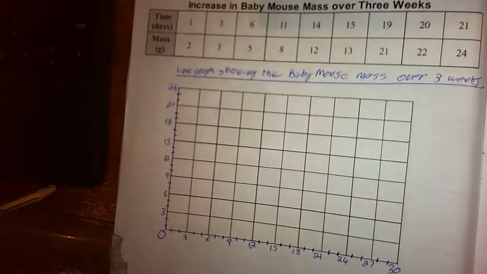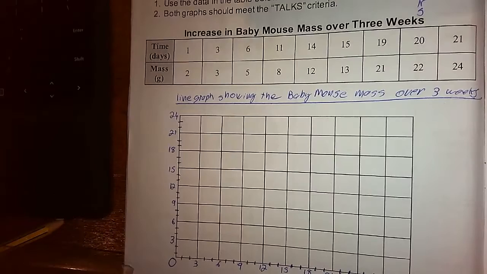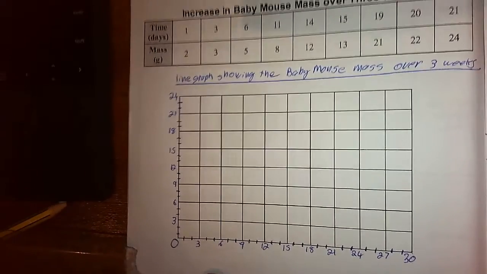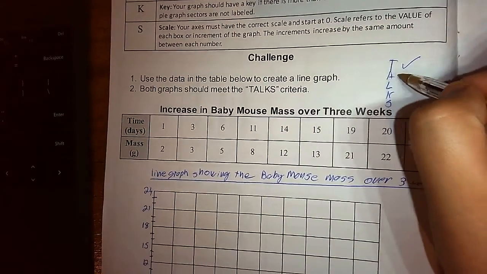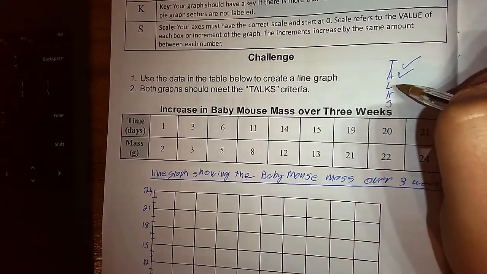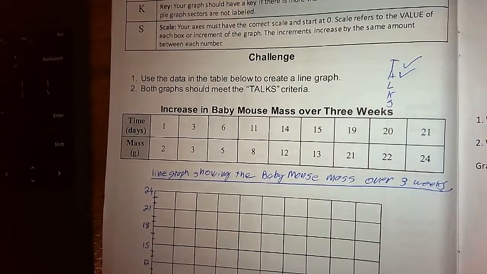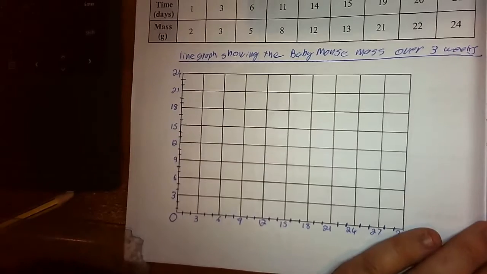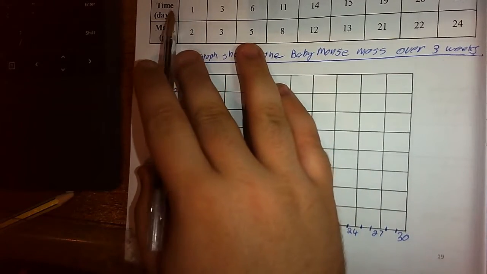Okay. Now, the next thing that we need to do is, so what have we just done? We've done the axes. Okay, so I've put all the axes in there. Next I need to do labels, and my labels need to have units, and the independent variable goes on the x-axis and the dependent variable on the y-axis. So the independent variable was time.